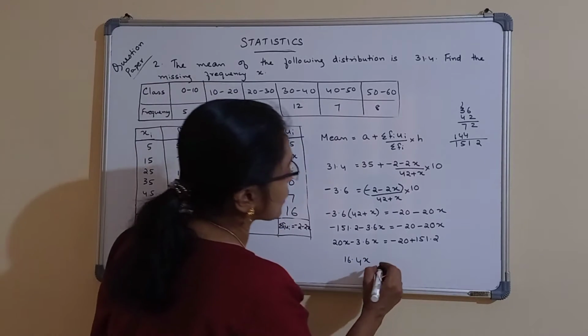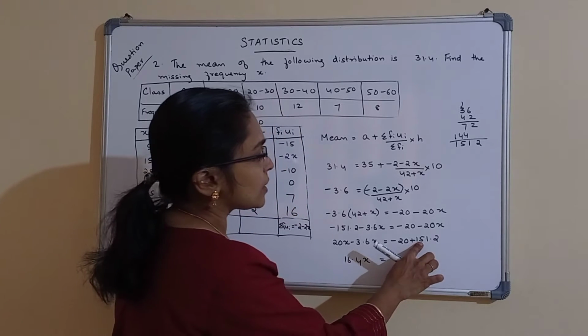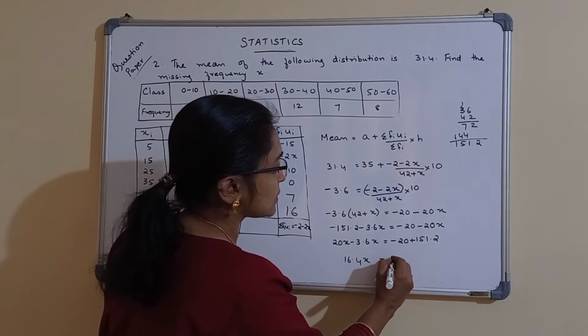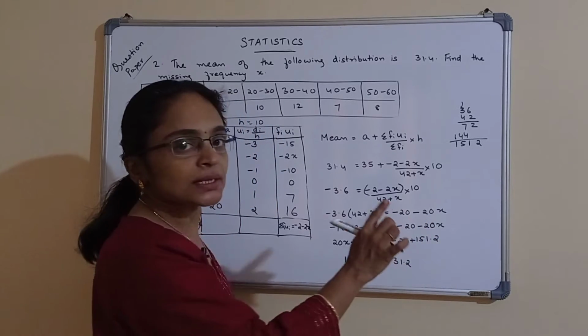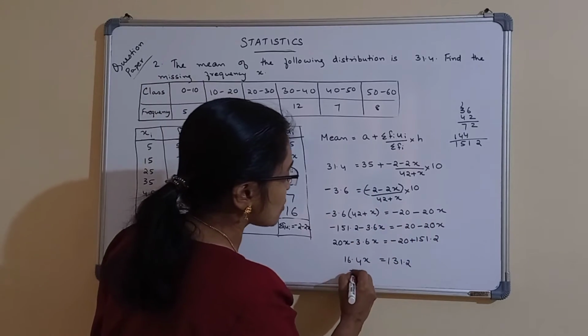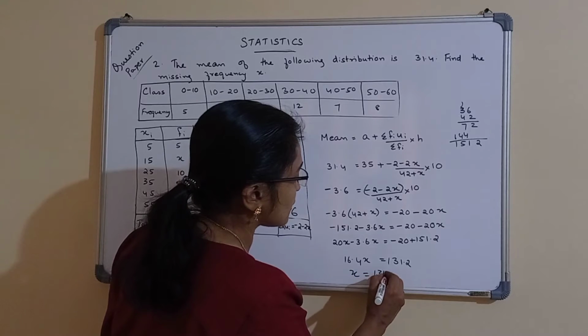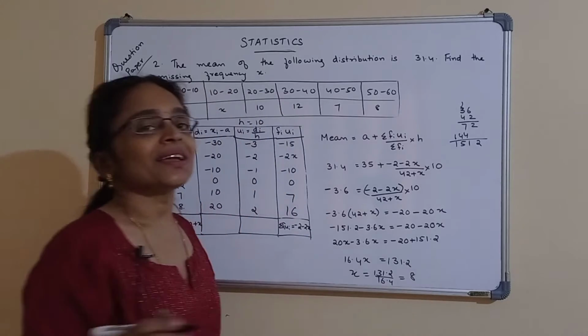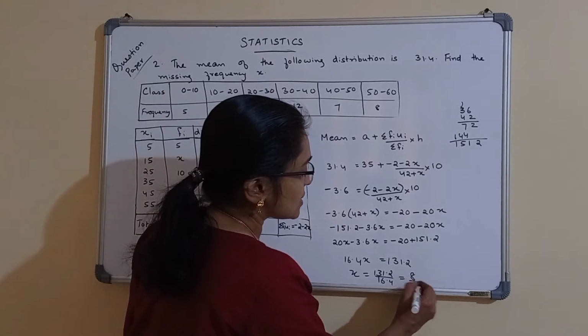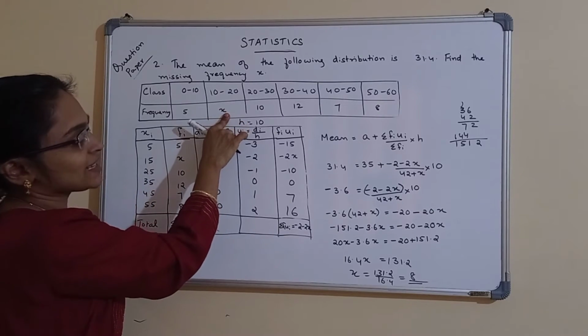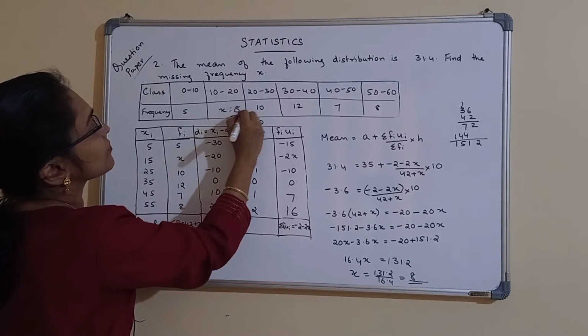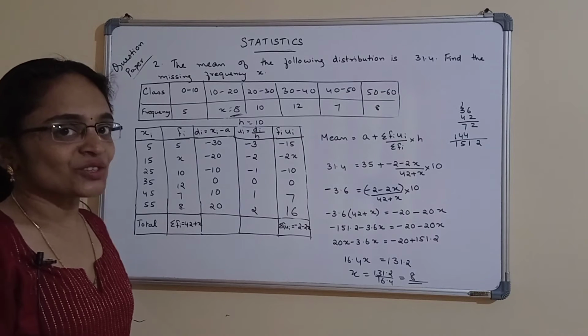So 16.4x is equal to 151.2 minus 20, which is 131.2. So x is equal to 131.2 by 16.4, which is equal to 8. So this x, that is frequency x, is equal to 8. Okay, understood?